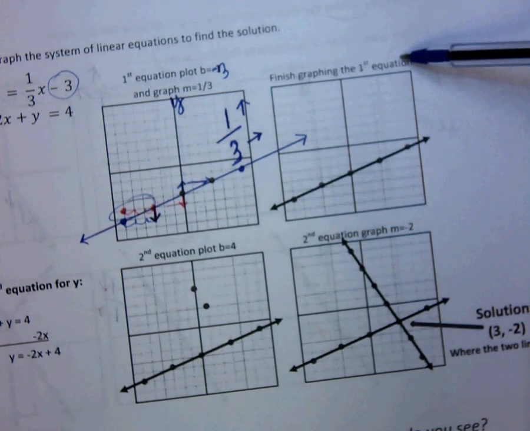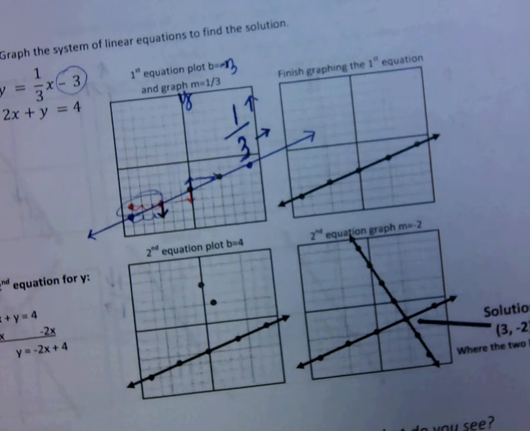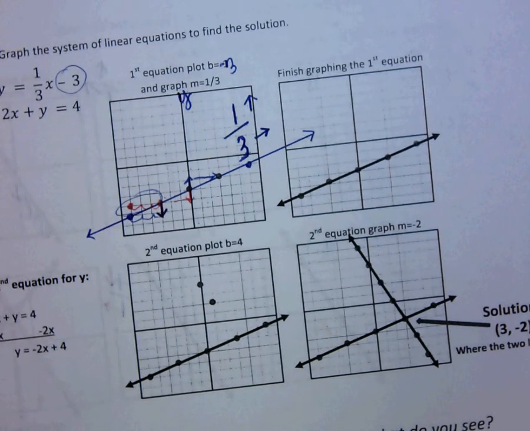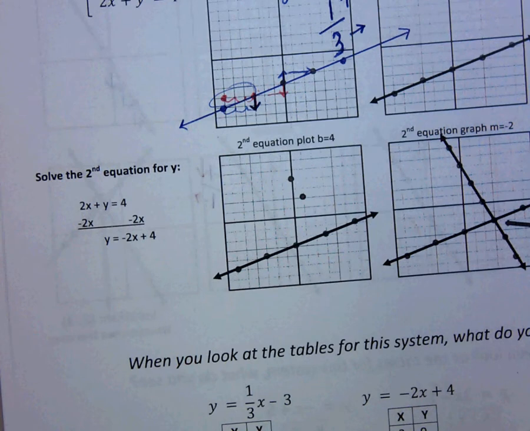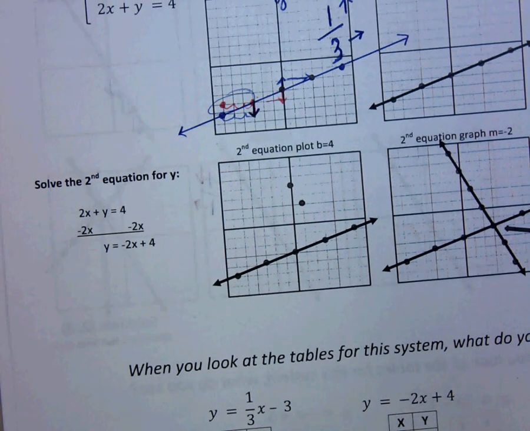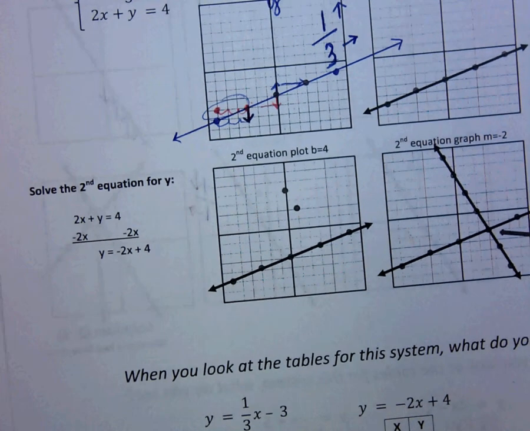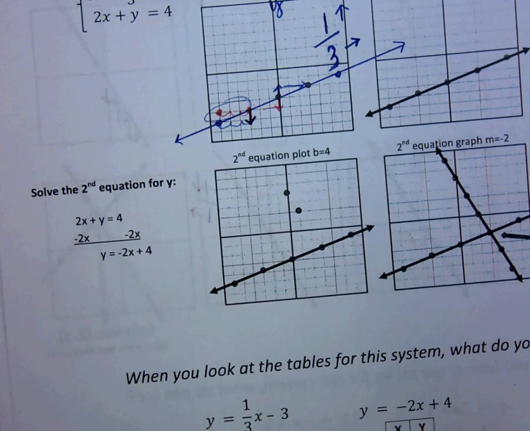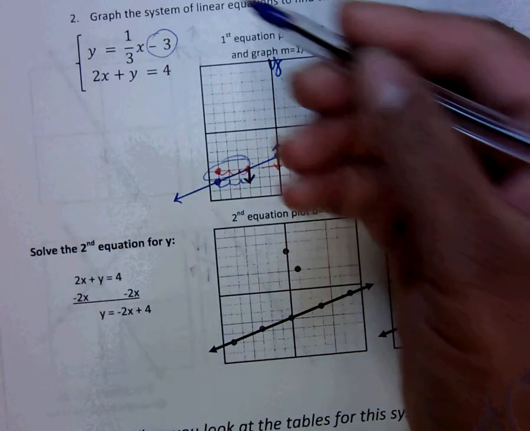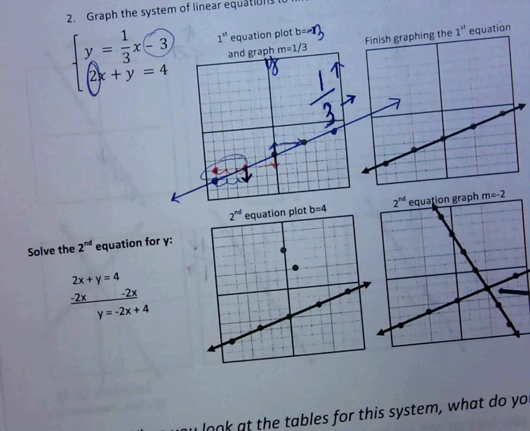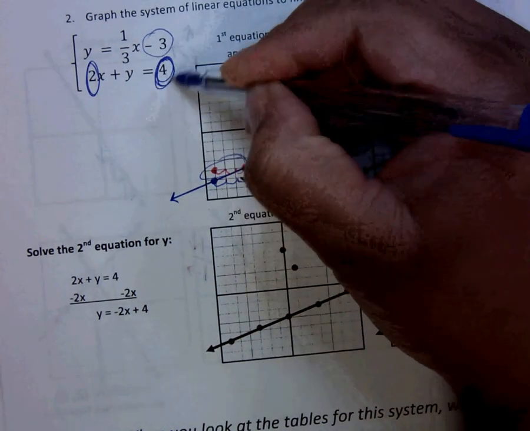Now we need to move on to the second equation. Let me focus. Okay, that is a lot better. Let's go ahead and look at the second equation. It is not solved for y. So, for everybody that said, oh look, this is m, this is b.